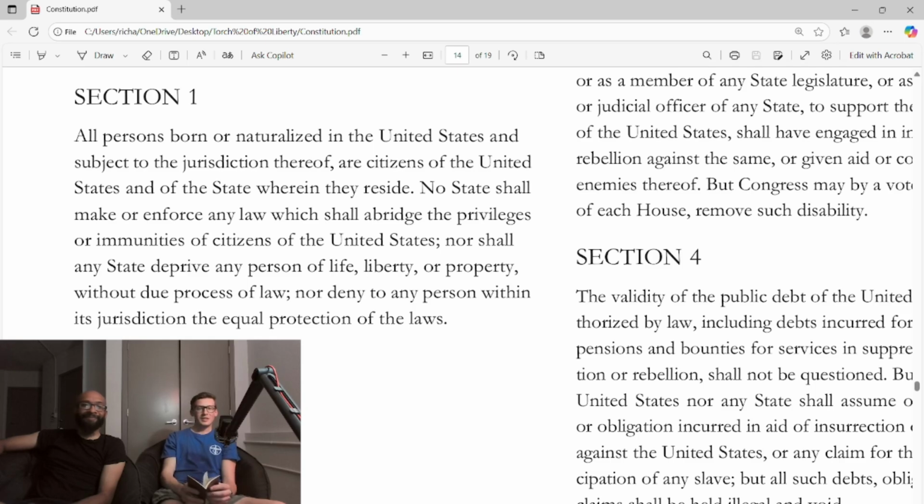The term citizen, you could ask many people, what is a citizen? We're not doing some man on the street video for you. But take our word that a lot of people would not fully understand what that means as a word alone, let alone what the first sentence of the 14th Amendment means.